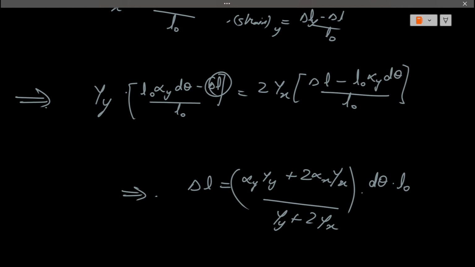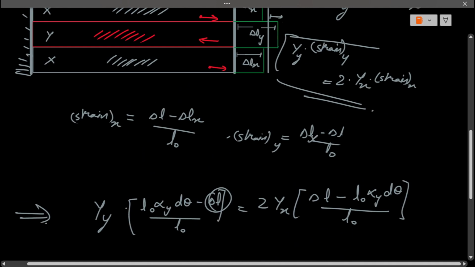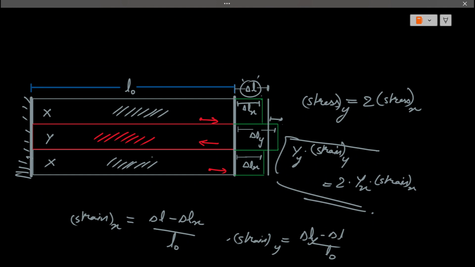So we have this final change in length for the entire composite system. It can be inferred from the post-expansion diagram as well.